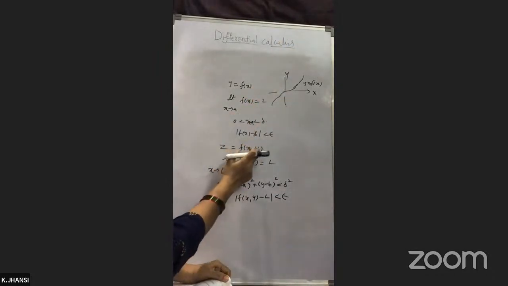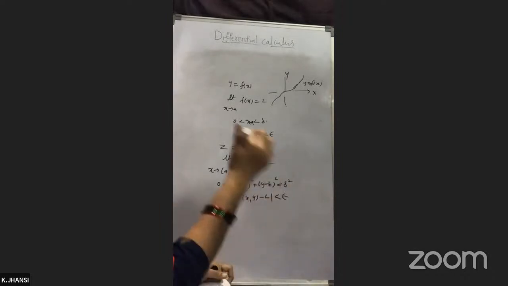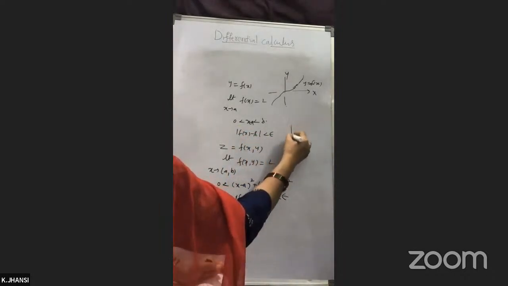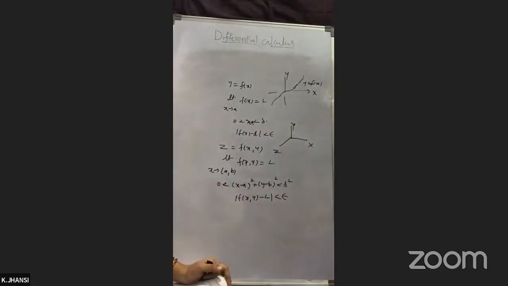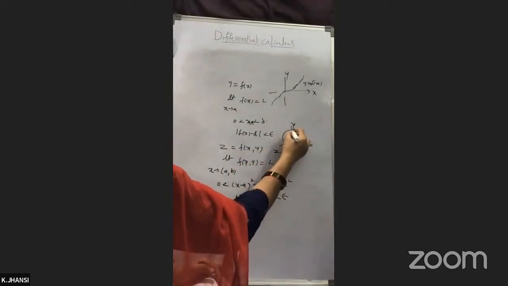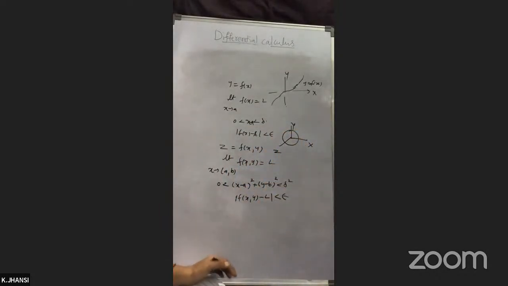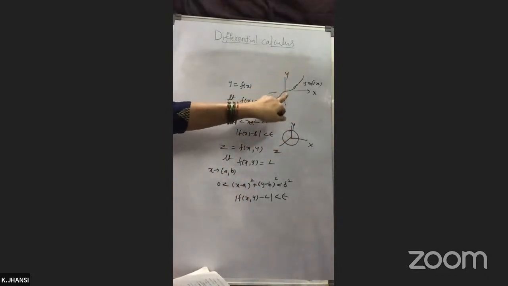Whenever you have two variables, you get a graph in three coordinates, that is x, y and z coordinates. In three coordinates you can get a sphere, cylinder, or cuboid, such types of surfaces.